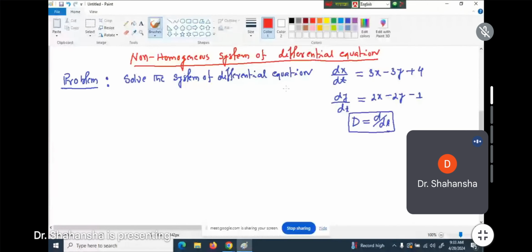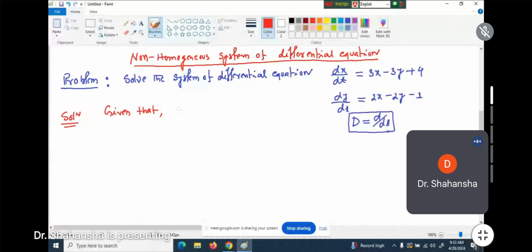So start the solution now. Friends, you can note it down with me step by step. I solve the maths in detail.